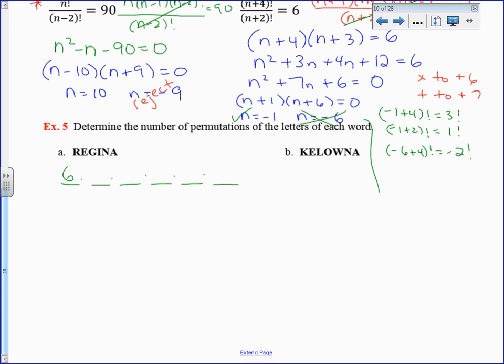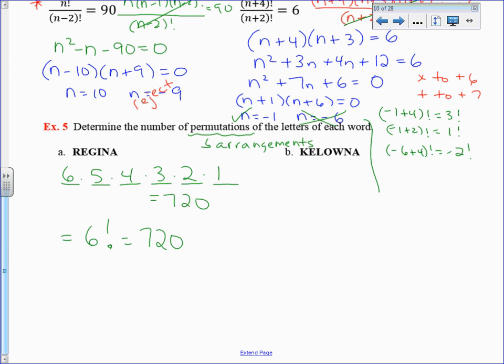What we learned yesterday was if we're going to determine the number of permutations, which is just a fancy way of saying arrangements, there's 6 choices for the first letter, 5 for the second, 4, then 3, then 2, then 1, which gives me 720. Or I can just write 6 factorial and calculate it.